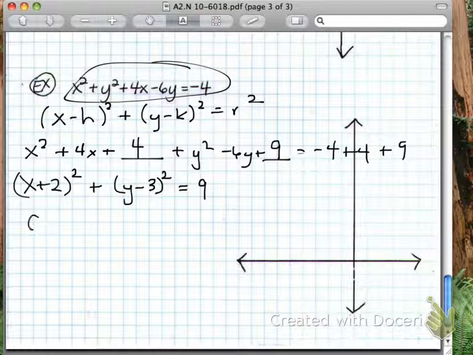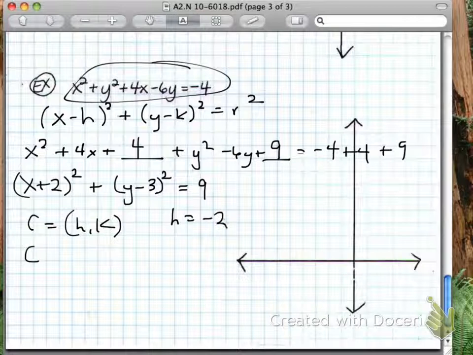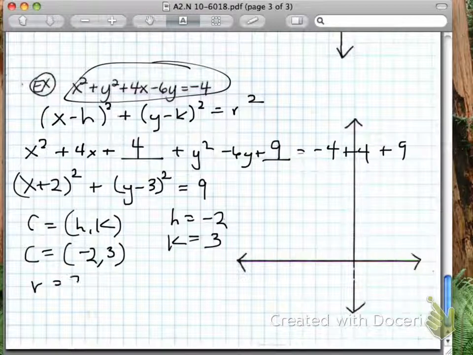So the center is -2, 3, and my radius is 3. So all I have to do now is plot my point at -2 over, 3 up, which is here, and then I just go 3 down, 3 to the right, 3 up, 3 to the left.